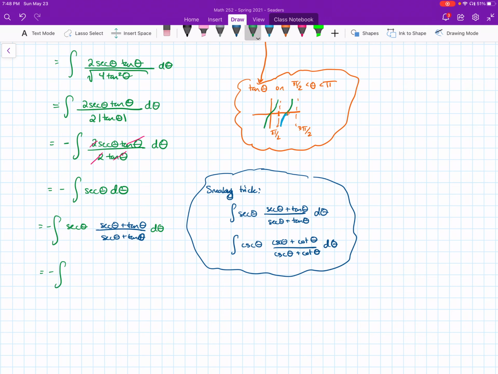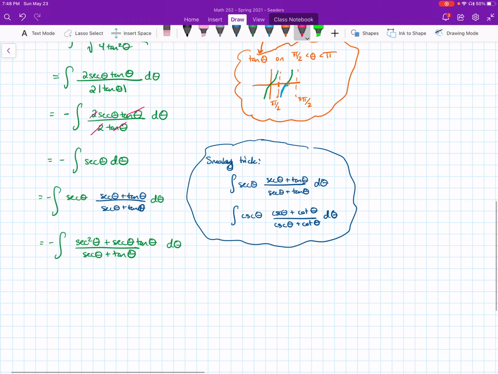Okay, so what happens? I wind up with secant squared theta plus secant theta tangent theta in the numerator, all divided by secant theta plus tangent theta. And hopefully you can kind of see where this is going. So if I decide to make W equal to secant theta plus tangent theta, then dW is the derivative of secant, or secant tan, plus the derivative of tangent, which is secant squared theta.